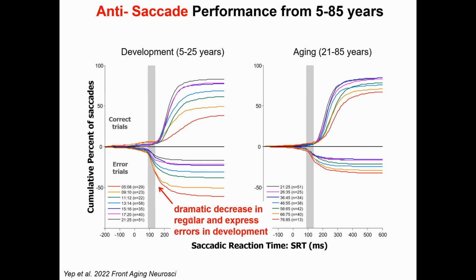So there's a dramatic decrease in these direction errors in both this early gray epoch, which is when there's express saccades, and the longer latency, the regular latency direction errors. They're both changing dramatically. You can see here with the old people, it's more the regular latency errors that are coming out. And this increase with reaction time.